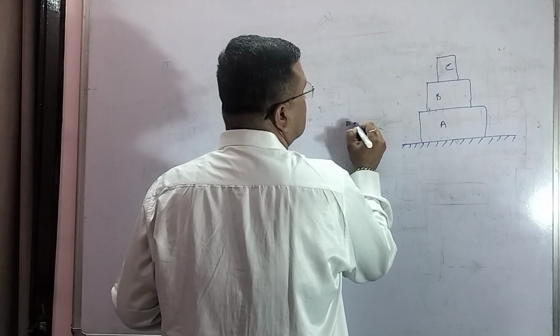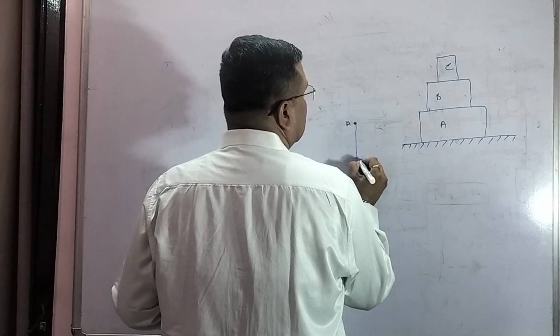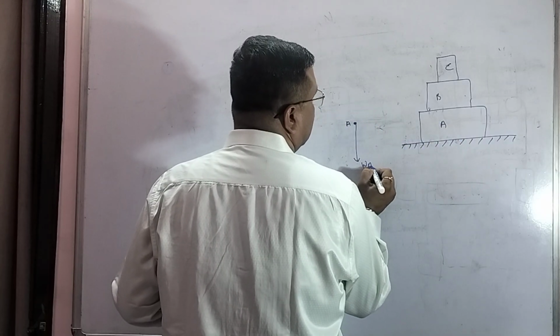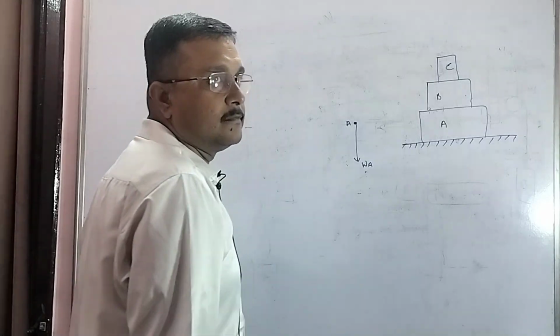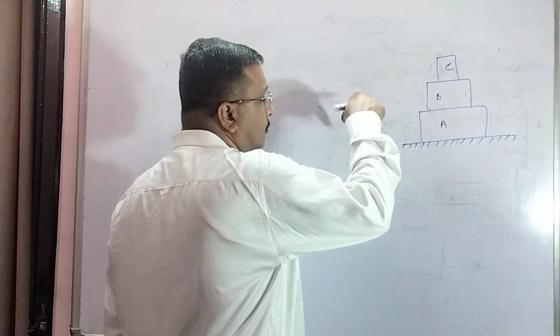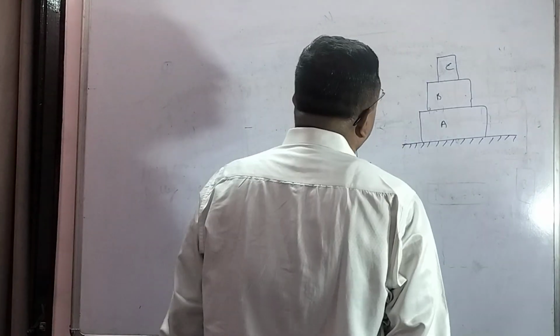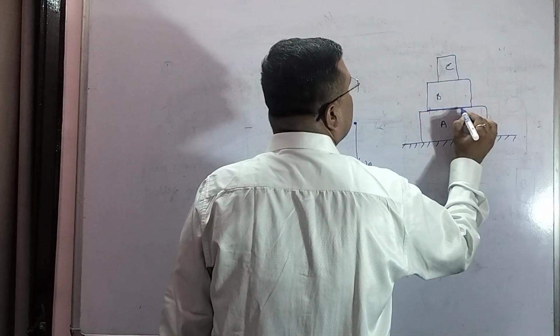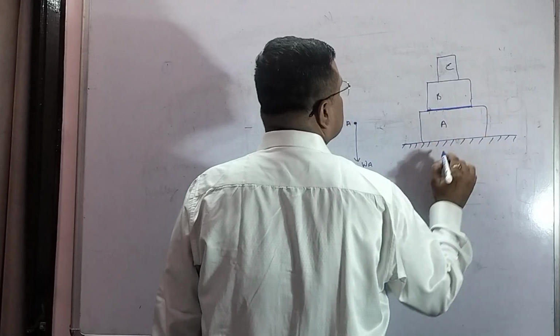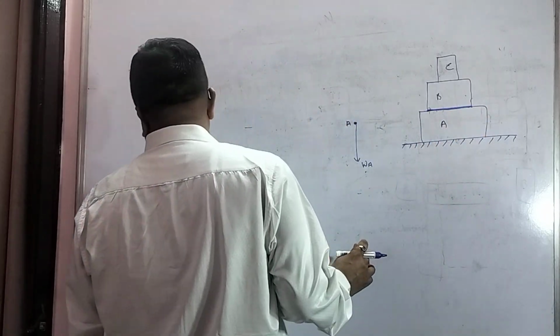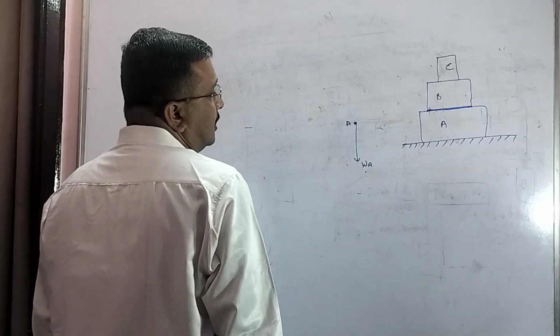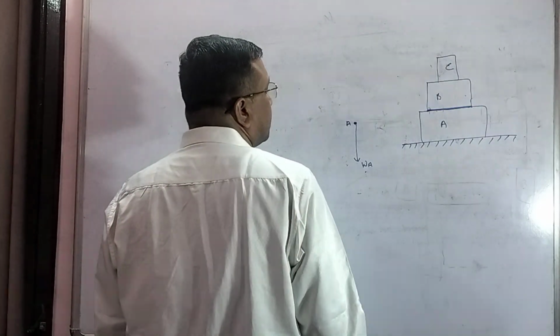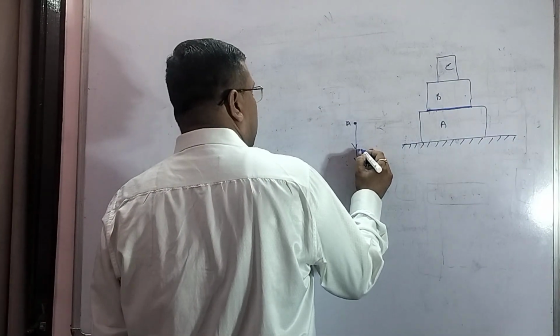On A, what are the forces? A has weight, so WA, weight will be in downward direction, and A is in contact with B, so a normal reaction due to B will be in downward direction.